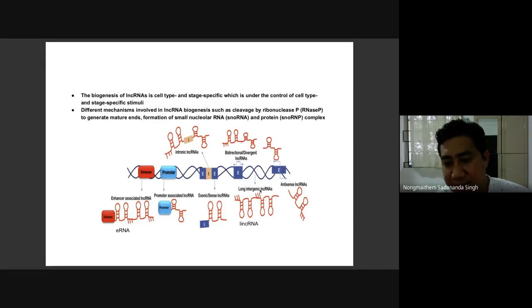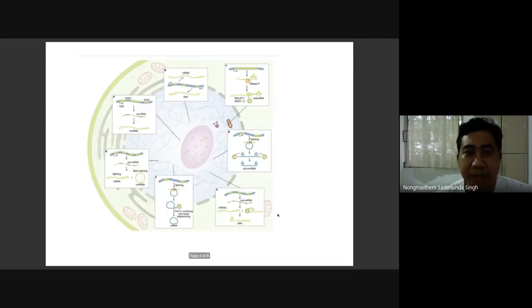Of course, many times you see it in the long intergenic non-coding RNAs as well. As I told you, it can be antisense or sense long non-coding RNA. So depending on this, there are different types of long non-coding RNA.